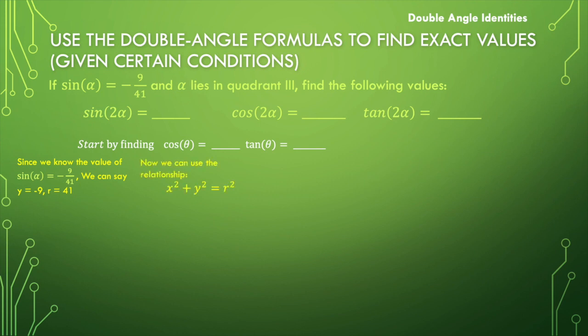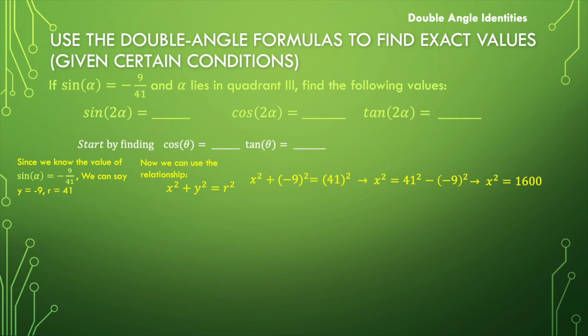So we can use this relationship, x squared plus y squared equals r squared. Plug in the y, plug in the r. x squared plus negative 9 squared is equal to 41 squared, which gives us that x squared is equal to 41 squared minus negative 9 squared, which is also known as 1600.